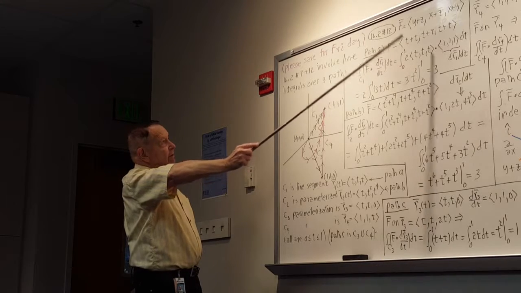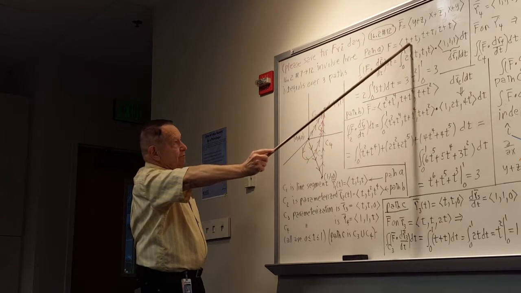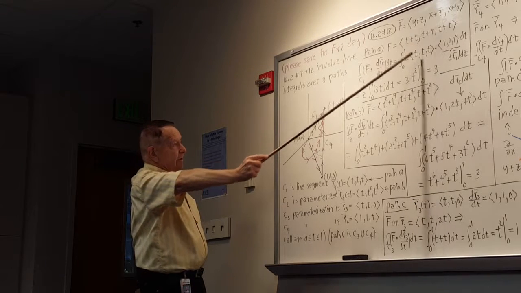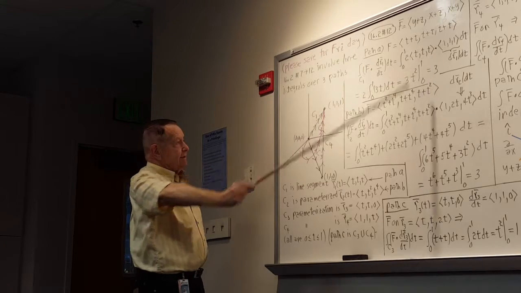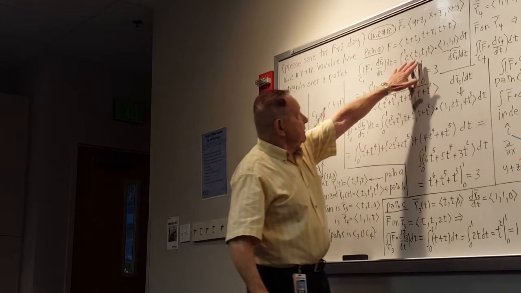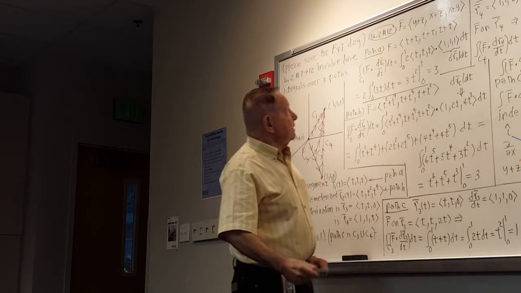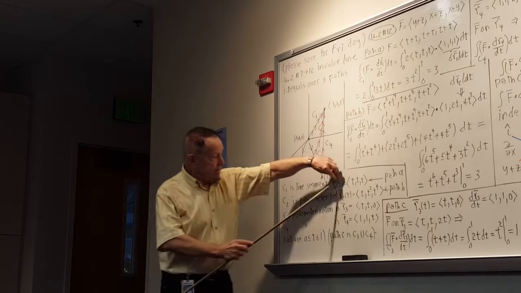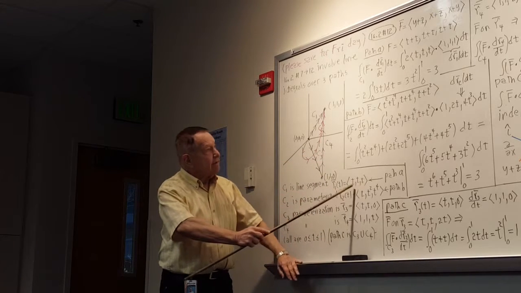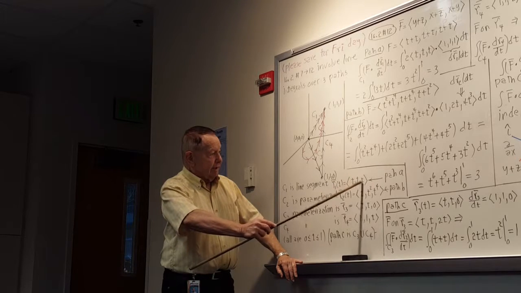First of all, notice when you've done this, you have 2t all the way across. So you can factor the 2 and you have t, t, and t. And with this being your R1, your dr/dt is 1, 1, 1, the derivative of each of the components.